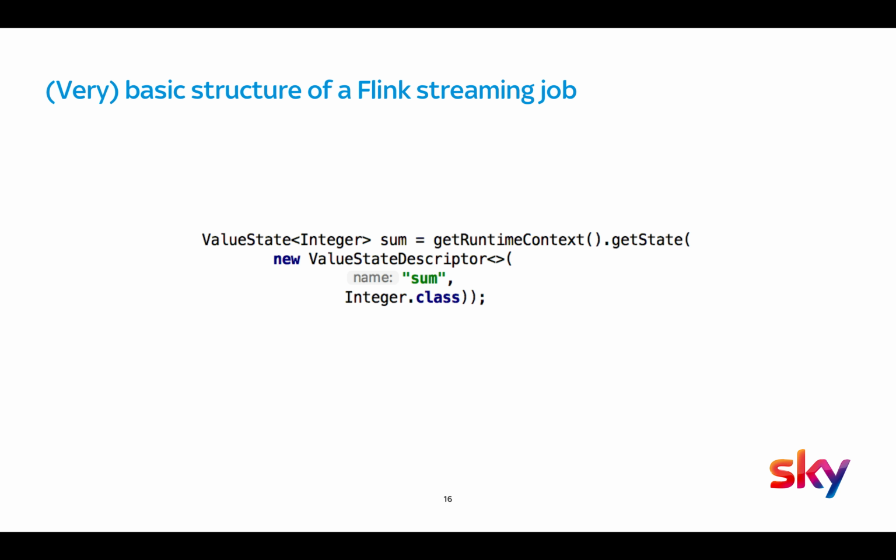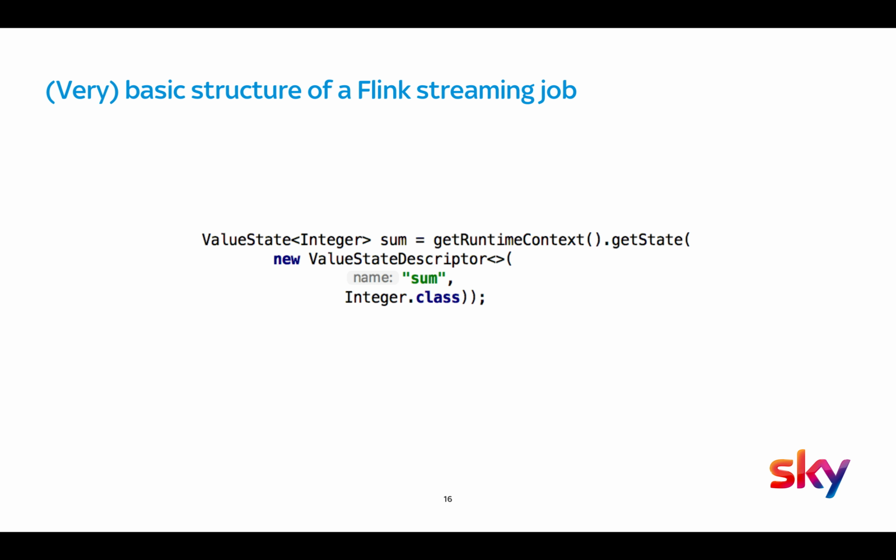You can then get a state variable, for example, this value state, and the way you do that is by passing a value state descriptor and specifying what the data type should look like. So here I specified it should be an integer class with the name of sum, and the result is we get this value state, which is just a container for the actual value that you're going to be using. So then on this sum value state, I can set any integers that I want.